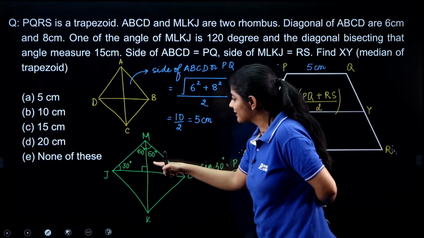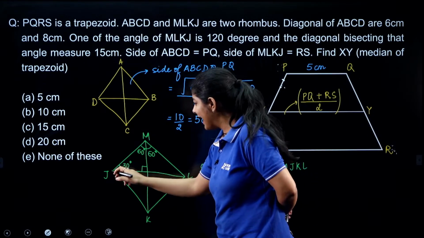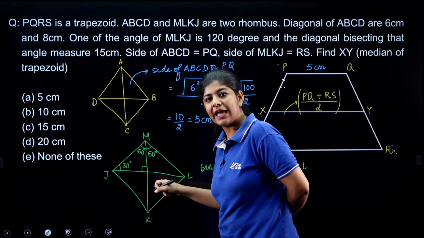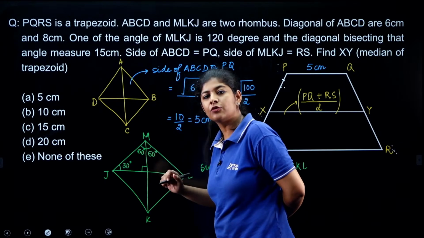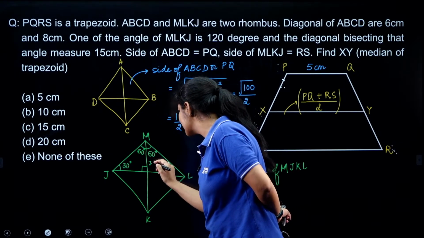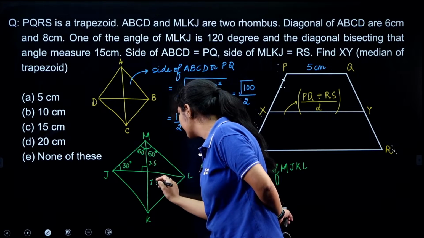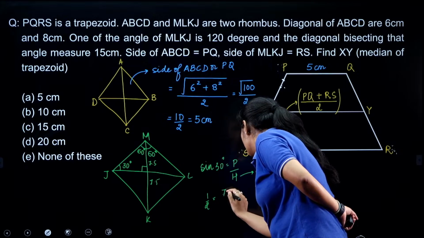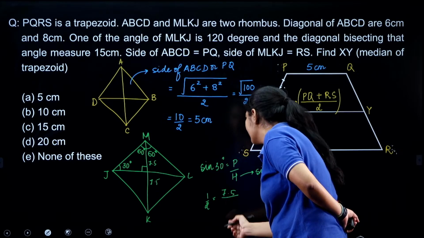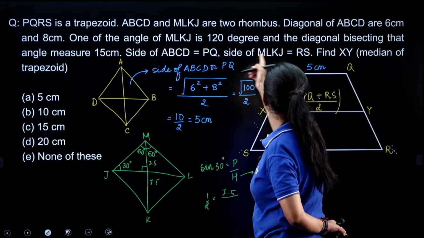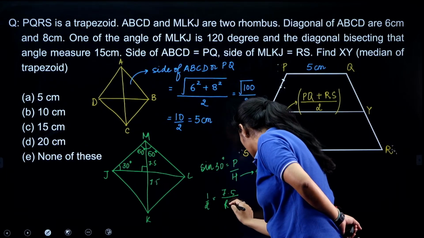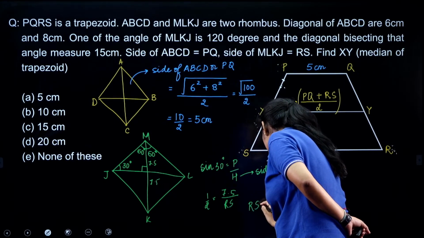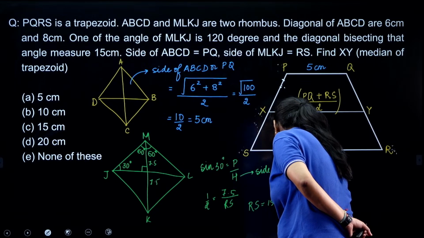This is equal to 7.5, as we know that the total length of the diagonal is 15, which is divided into two parts, so this is 7.5 and this is 7.5, right? So 1 by 2 is equal to 7.5 divided by RS, which we are assuming. Here the value of RS that we are getting is 15 centimeter.